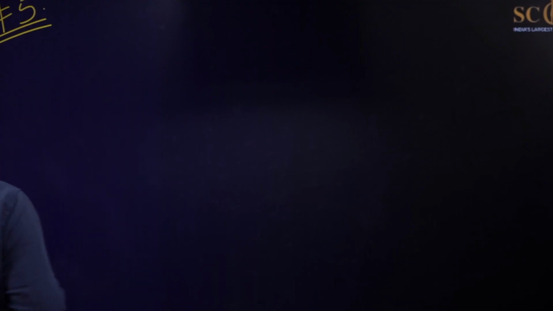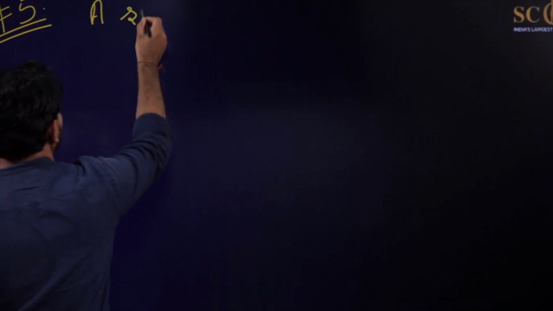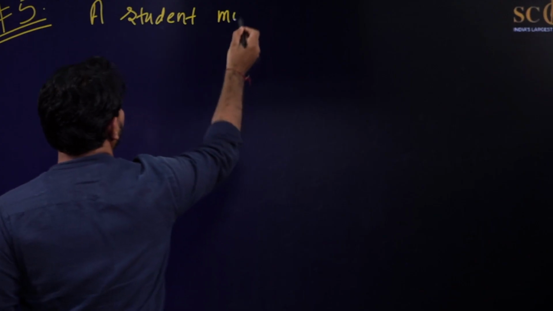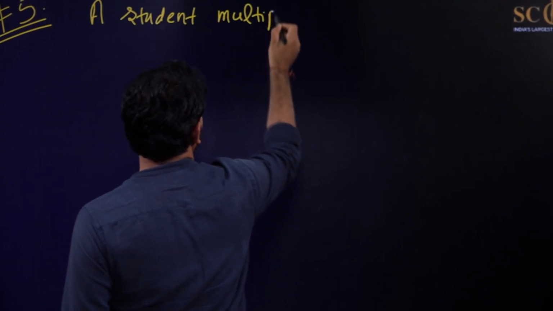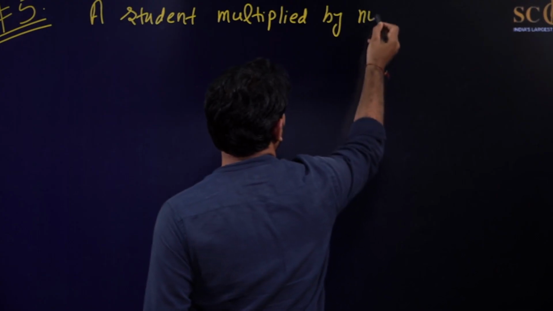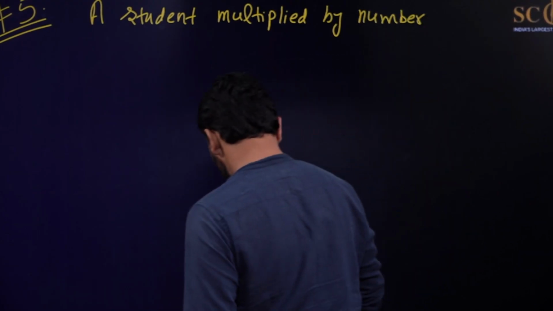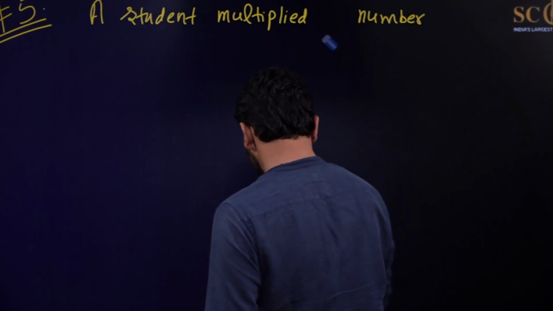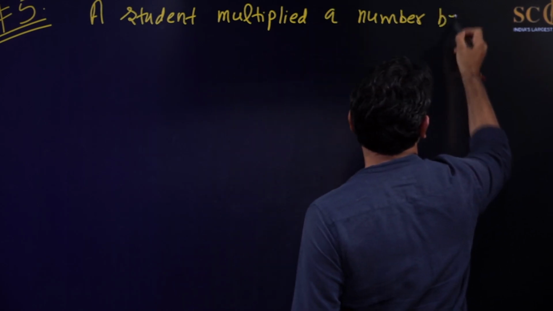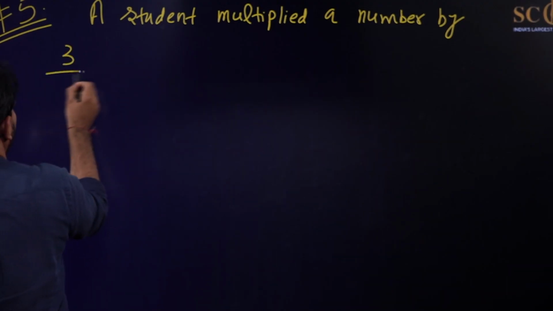So the question is saying a student multiplied a number by 3 by 5 instead of 5 by 3.